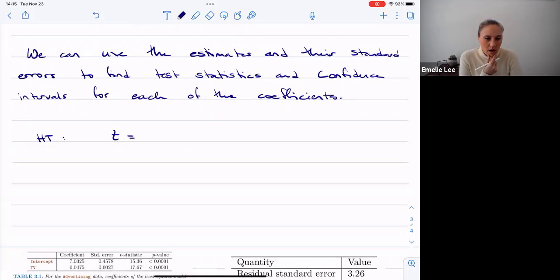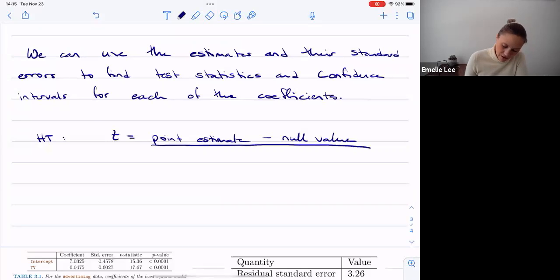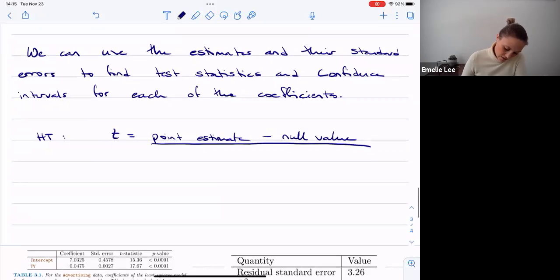So T is a point estimate minus the null value, which is from the null hypothesis, over the standard error of the point estimate.